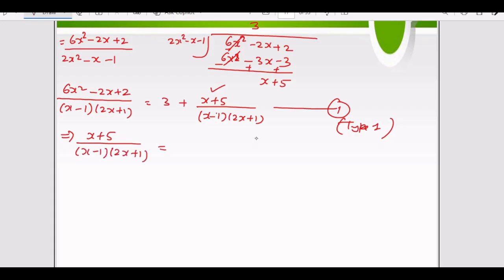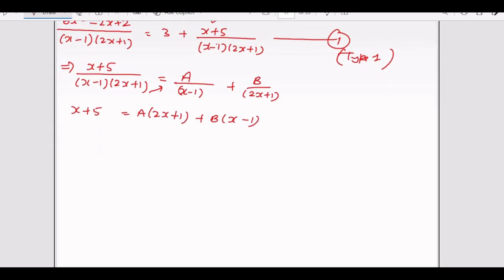So this is going to be A over the first factor, x minus 1, plus B over the second factor. Again we will cross multiply the denominator to the other side. So we will have x plus 5 equals A into 2x plus 1 plus B into x minus 1.